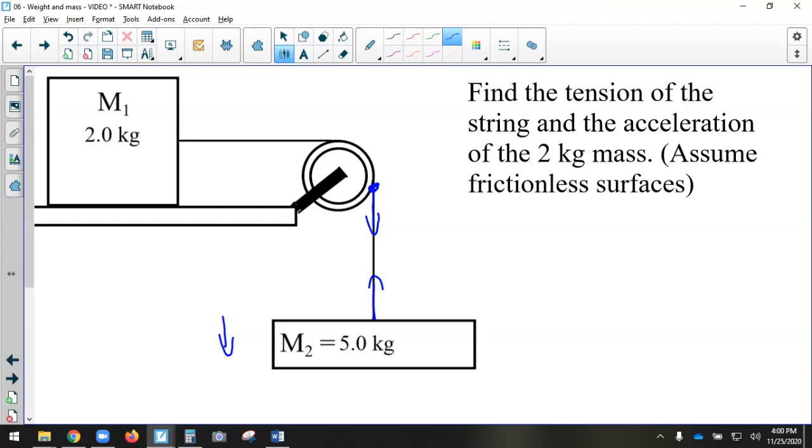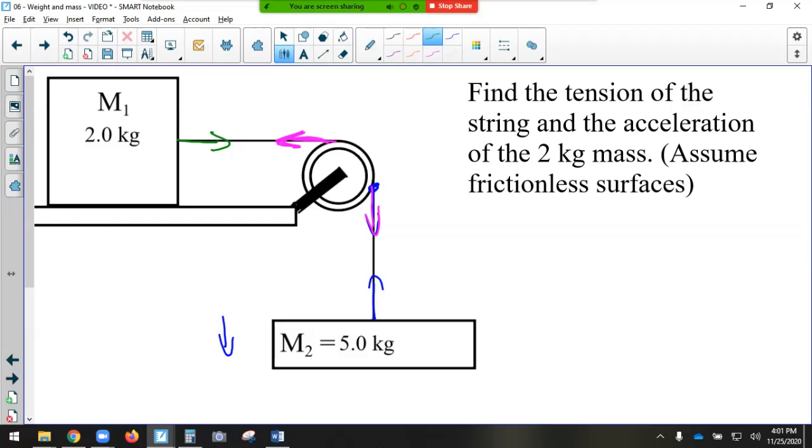So in this case, the tension pulling down here is going to be equal to the tension pulling to the left from that perspective. And then again, Newton's third law, whatever the tension is here in the magenta is going to be equal but opposite to the tension that we see in green on mass 1.